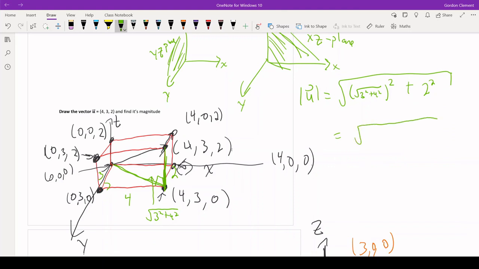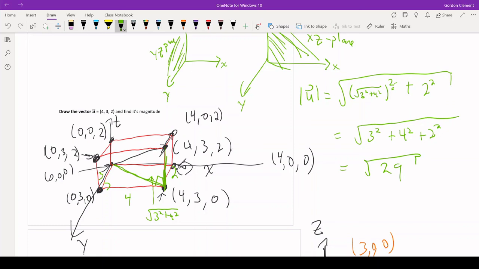And I wrote it out like that so that we can see that this squared here cancels the other square root, and you get 3 squared plus 4 squared plus 2 squared, which is the square root of 29, I believe, if you add all those together. So that would be the magnitude of that vector.